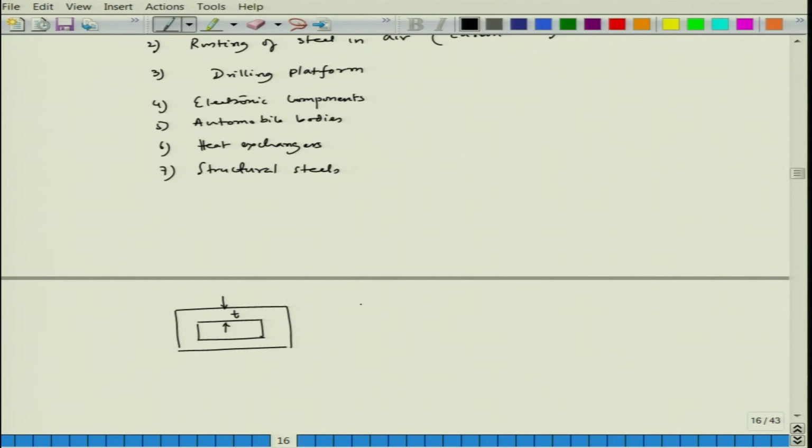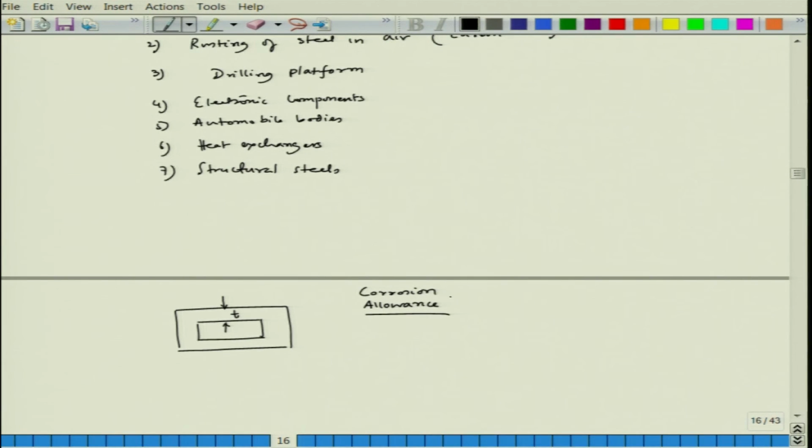In that case, one can think of allowance, or we call it corrosion allowance. It is basically extra thickness of the material to be provided in the beginning, so that after certain years of operation the minimum thickness will be maintained, because uniform corrosion is taking place.